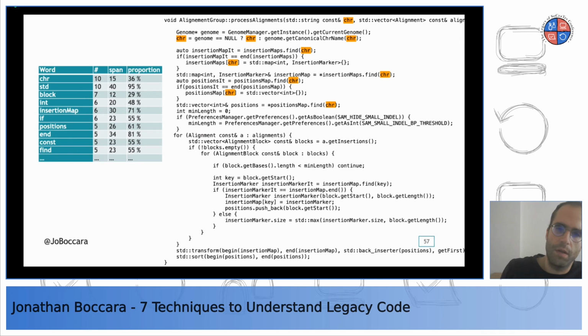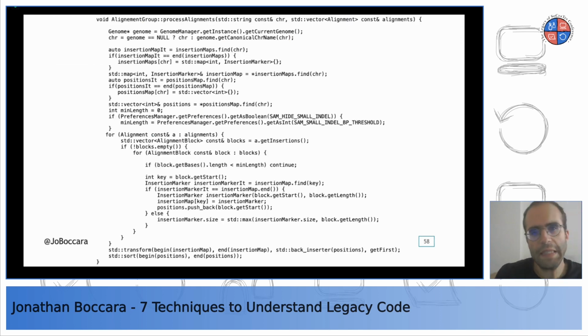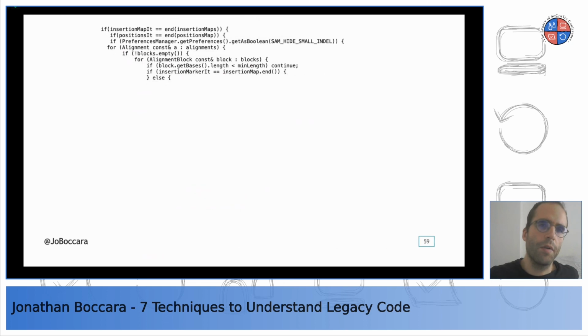Right, now the third technique was about filtering and control flow. So I'm going to remove all the lines that are not control flow and just leave the ifs and fors and so on. So we see the structure with some ifs at the beginning that look like, I mean, it's C++, but if I translate that, it means that we've looked for something and we haven't found it, right?